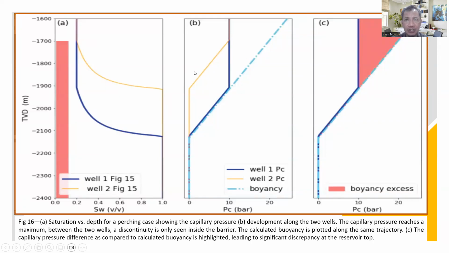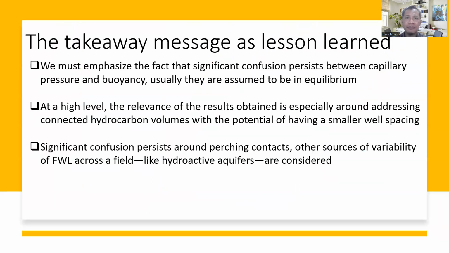The capillary pressure reaches its maximum between the two wells, and discontinuity is observed only within the barrier. The graph also includes the calculated buoyancy plots along the same trajectory. By comparing the capillary pressure difference with the calculated buoyancy, a significant discrepancy is identified at the top of the reservoir.